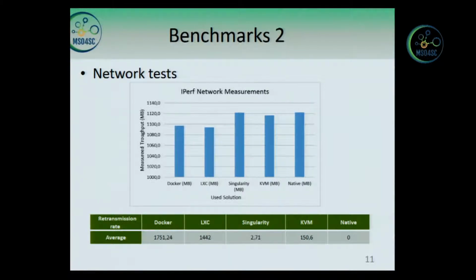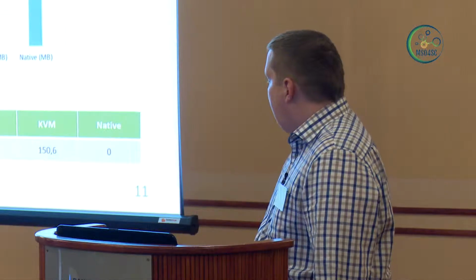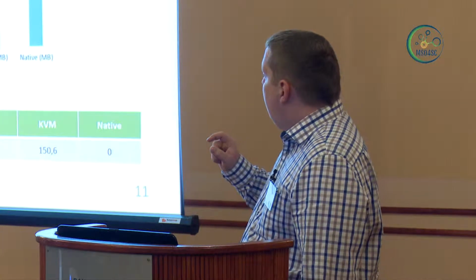For the network test, there is a little bit of difference. We used the iPerf tool to see the measured throughput of Docker, LXC, Singularity, KVM virtualization, and native as well. As we can see, Docker and LXC have slightly decreased performance.